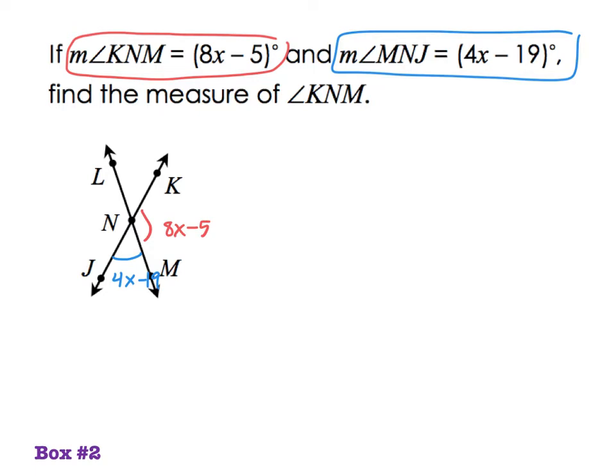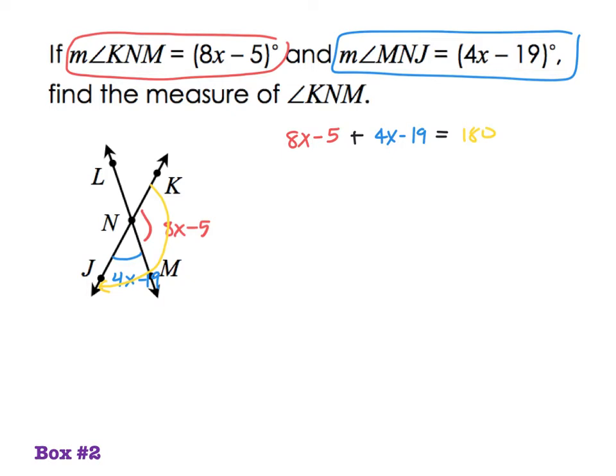We should remember that this whole thing is a straight angle or a straight line, which makes it a straight angle, right? So that means that whole thing, if it's a straight angle, it equals 180. So we say that 8x minus 5 plus 4x minus 19 equals 180 degrees, because that's what that line means. That yellow arc that I'm drawing, I'm letting you know it equals 180.